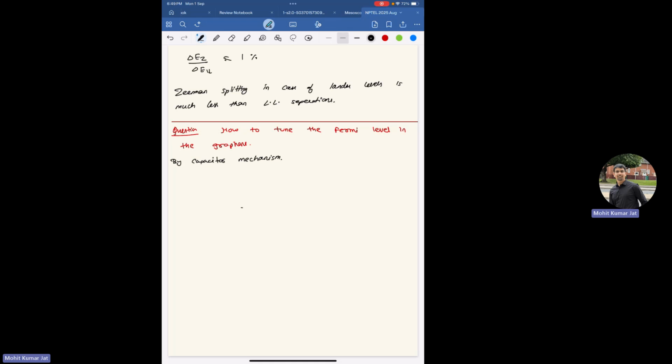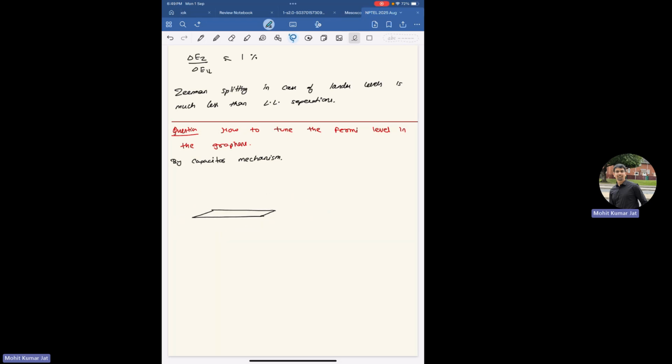If you have this flake of graphene, and you want to induce carriers in it. What do I mean by inducing carriers? For example, you have your band dispersion of graphene like this. Let me draw it in some other color so that it becomes even more relevant.